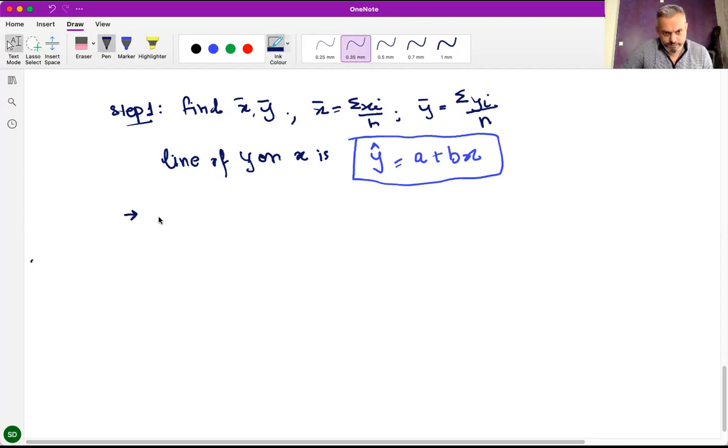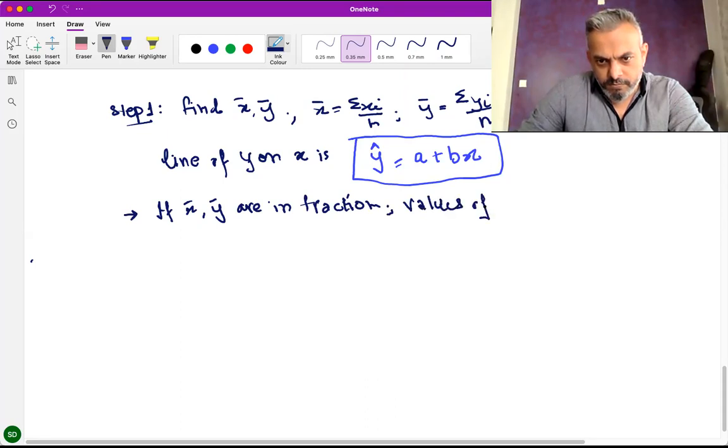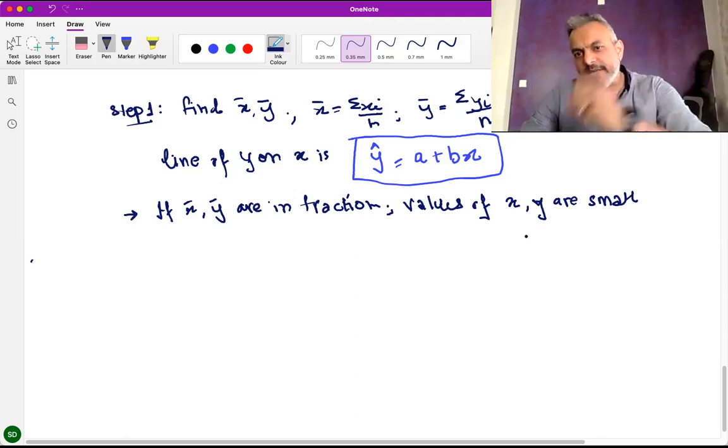In order to find b, if x bar and y bar are in fraction, but values of x and y are small, what does that mean?